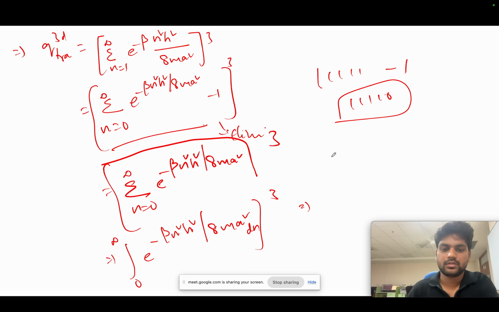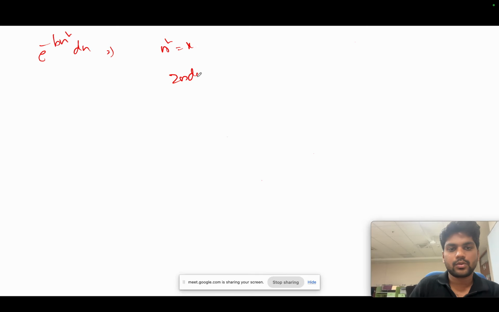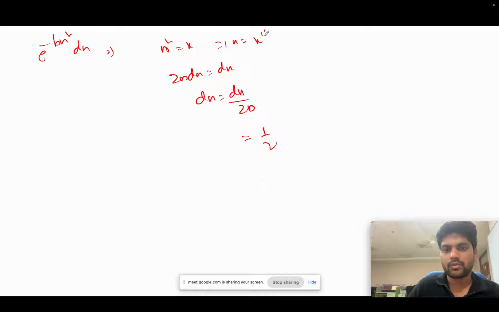If you have the formula of e to the power minus b n square dn, suppose if you have n square equal to x, then 2n dn equal to dx, then dn equal to dx by 2n. It's nothing but half into, now n is nothing but x to the power 1 by 2. So now you got dx, the dn term.